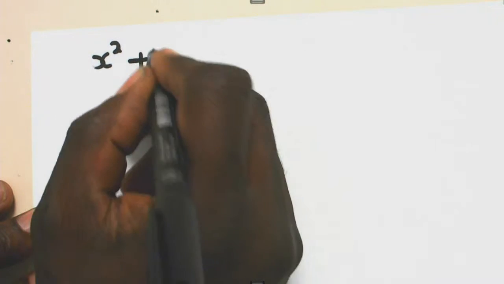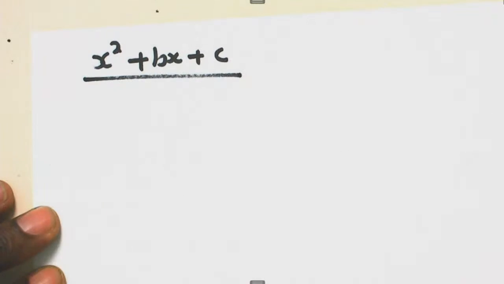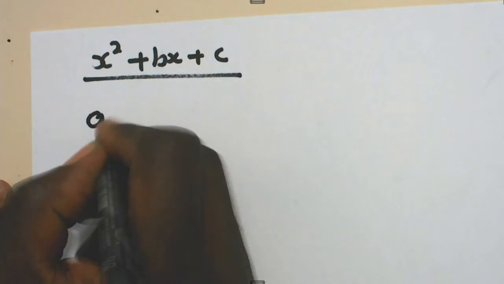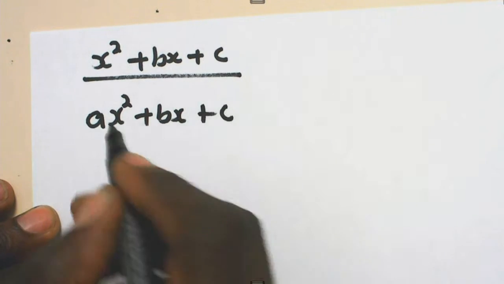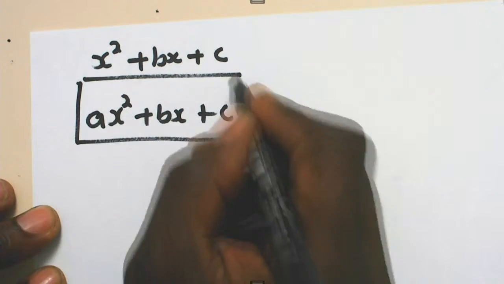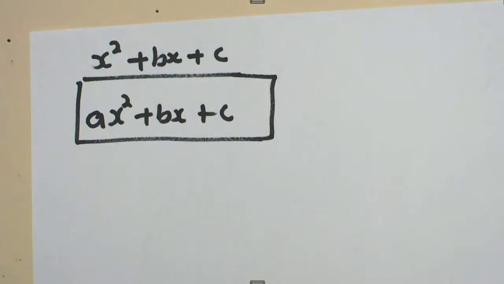Remember the trinomial that we used. It was x squared plus bx plus c. Now we want to use ax squared plus bx plus c, where a becomes a common factor in the 3 terms.